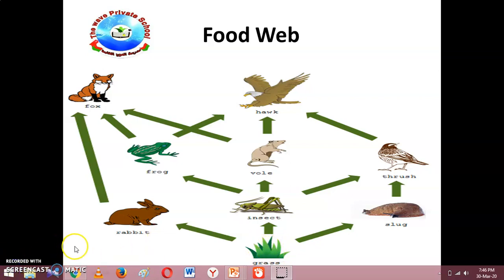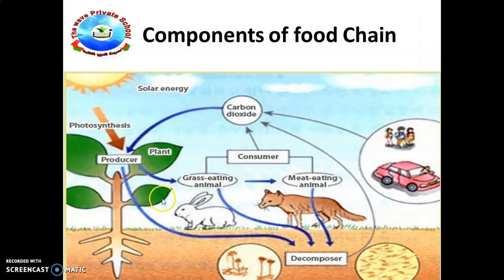That is the reason we say all the green plants are the primary producers in the food chain. So here you can see the components of a food chain. The solar energy is taken by the producers, and these producers are eaten by the primary consumers, then secondary consumers, and finally tertiary consumers.